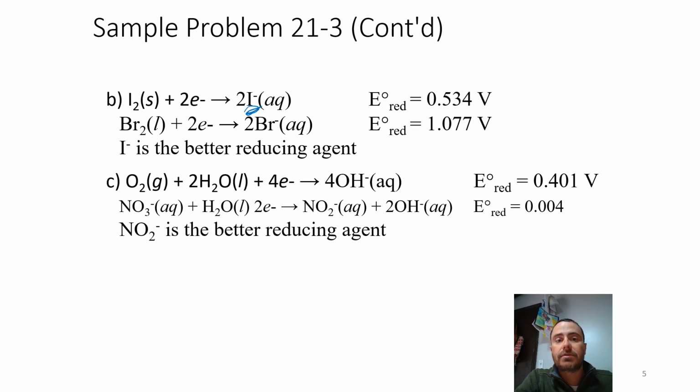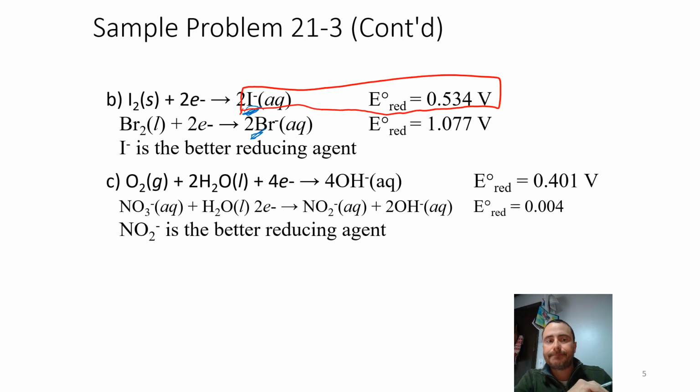So I'm looking those two things up in a table, and I can find iodine plus 2 electrons forming 2 iodides, and bromine plus 2 electrons forming 2 bromides, and I can find the reduction potentials for both of those. Remember, we're wanting to find the one that's the most negative, or another way of saying that, we're trying to find the one that has the smallest positive value for the strongest reducing agent, and so the smaller of those two numbers happens to go along with iodide.